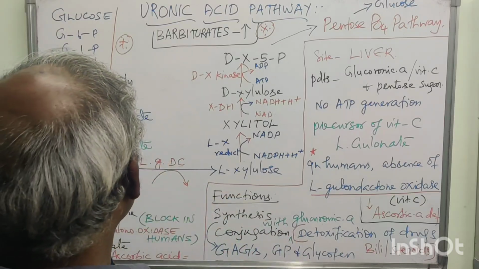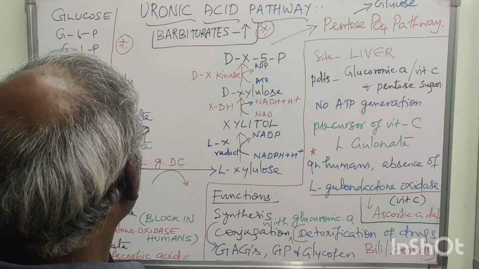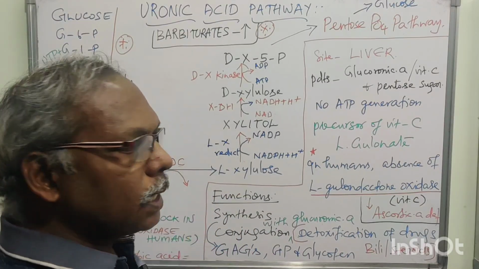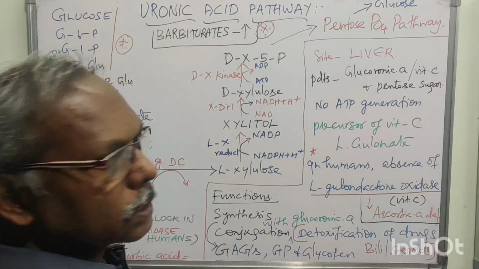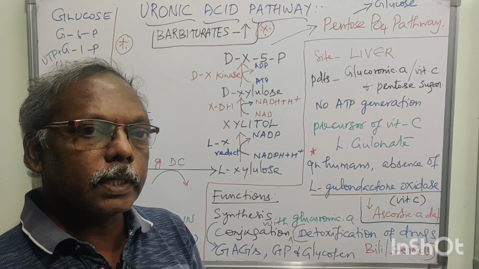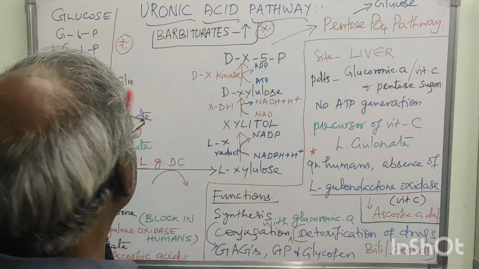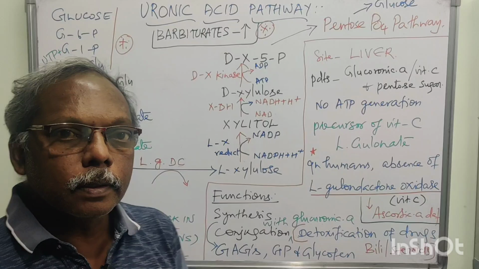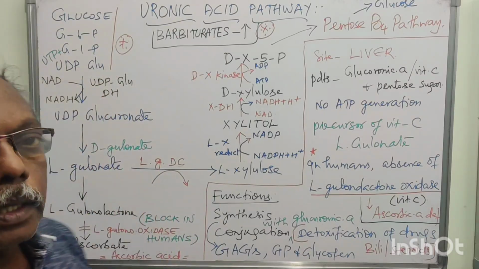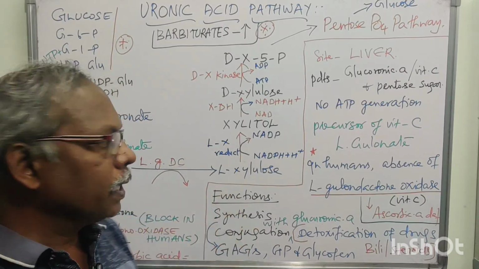So your second point is UDP glucuronate, third is L-Gulonate. First you have to draw these three molecules in the uronic acid pathway.